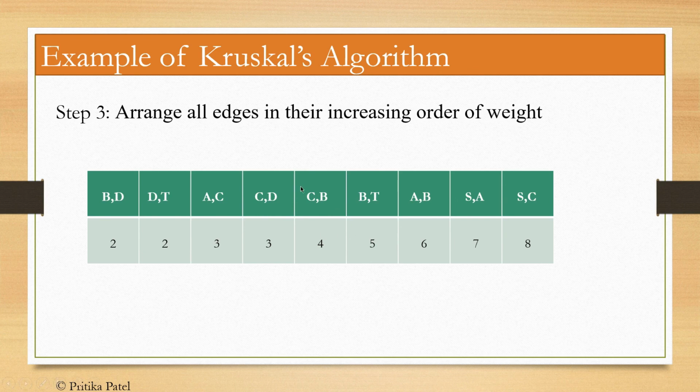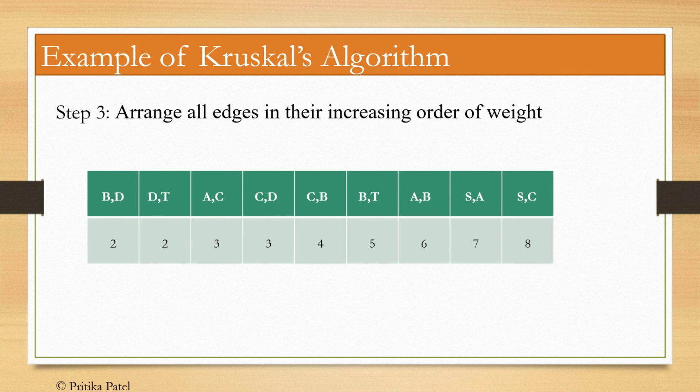So we can't choose this C to B. Now B to T has weight 5, but B and T are already chosen, right? Now A to B has weight 6, but A and B are also covered in previous edges, right?